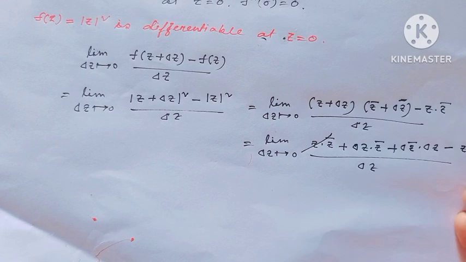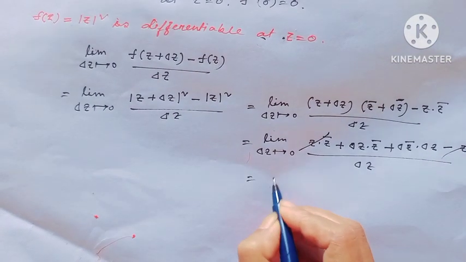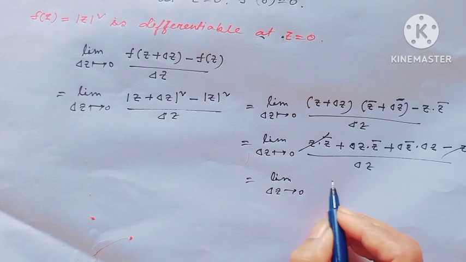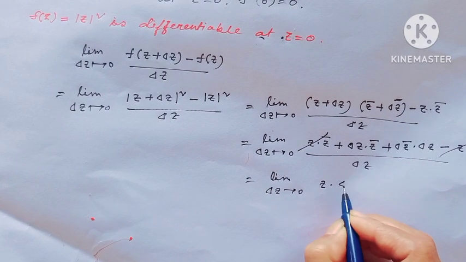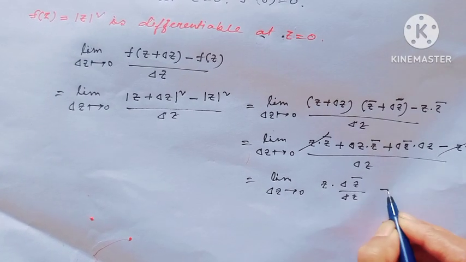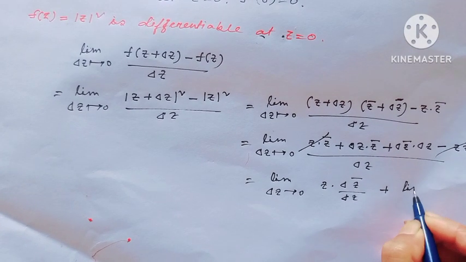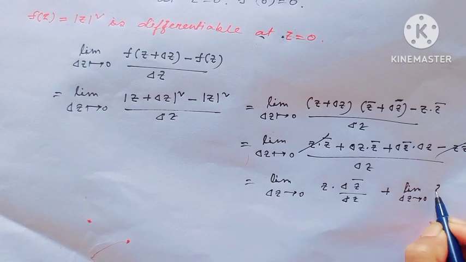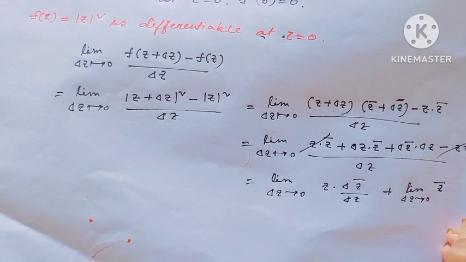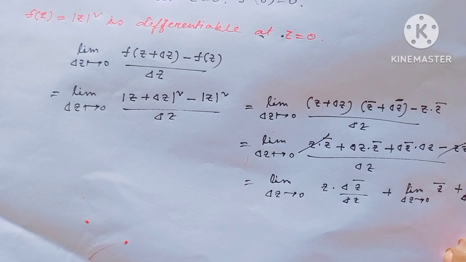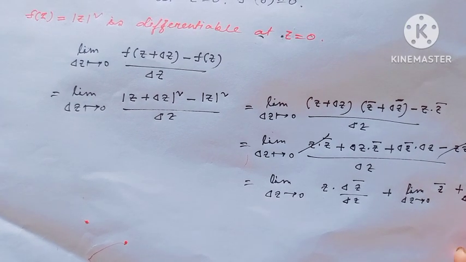Then just cancel, and this value would be the limit as delta z tends to 0 of z delta z bar over delta z, plus the limit as delta z tends to 0 of z bar, plus the limit as delta z tends to 0 of delta z bar.